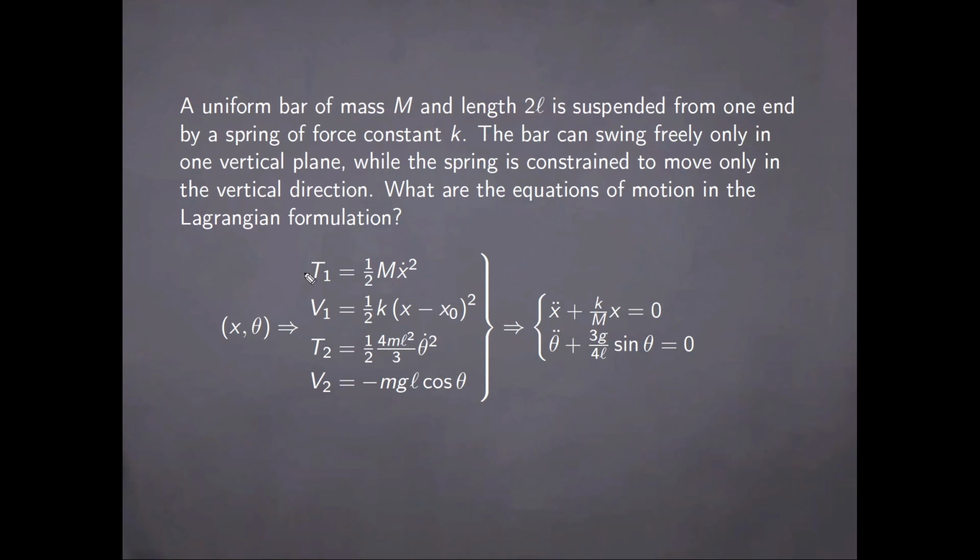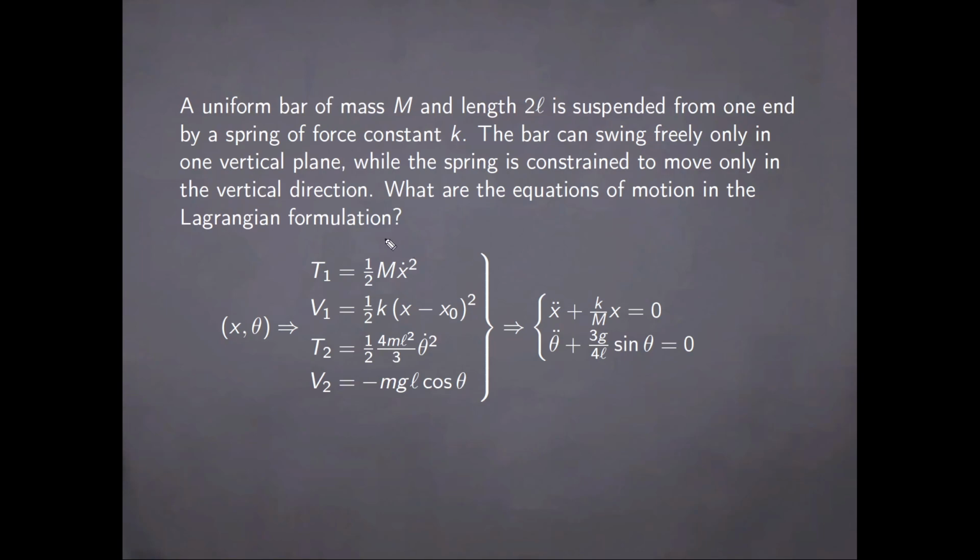kinetic energy of this motion plus the potential energy of the spring, which is elastic in nature. And then there's the problem of the bar swinging about the point of attachment. So there's the rotational energy of the bar together with the gravitational potential energy of its center of mass.